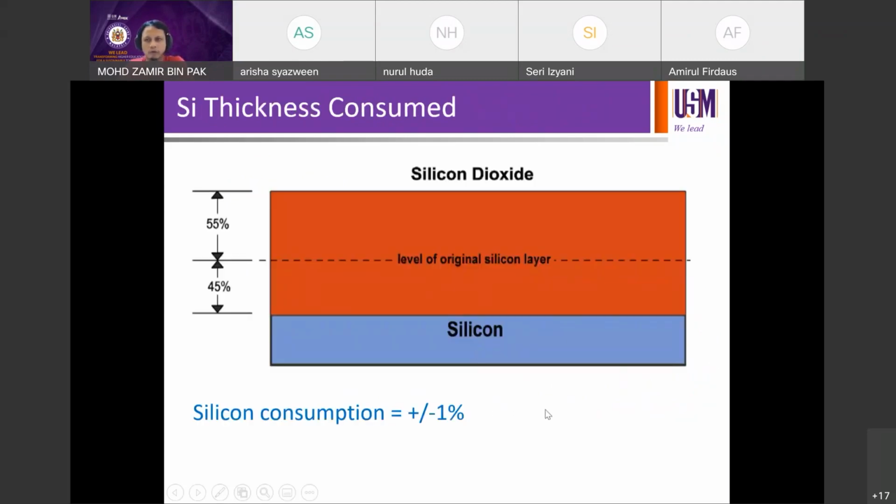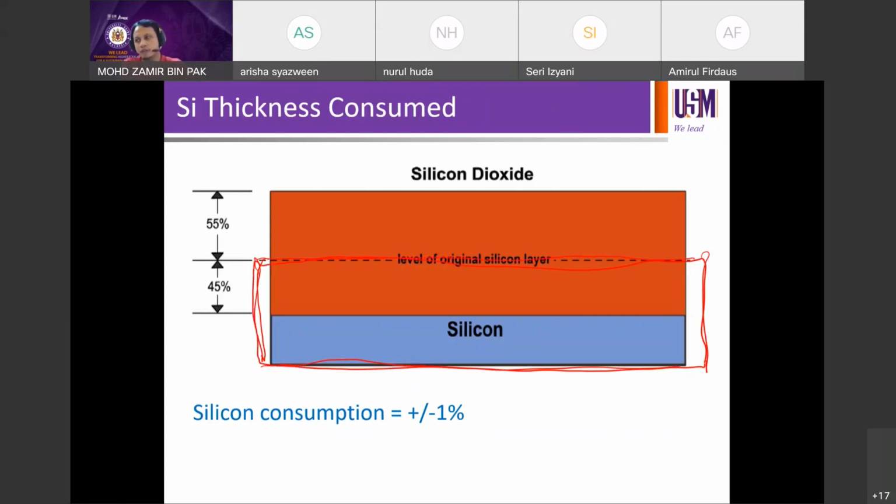Right, so as I said, when you perform silicon dioxide growth by thermal oxidation, you are going to consume some part of the silicon. You start off in this particular process with this thickness of silicon, the original silicon thickness before you start the oxidation process.